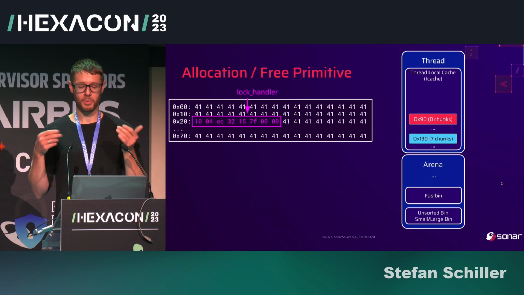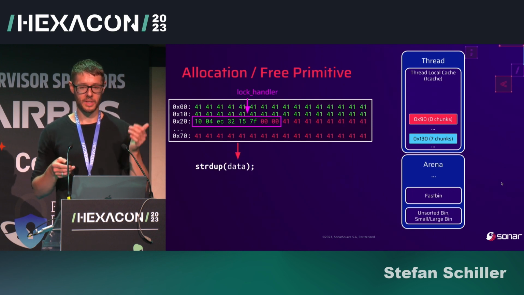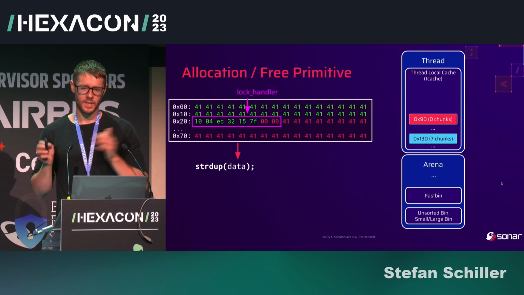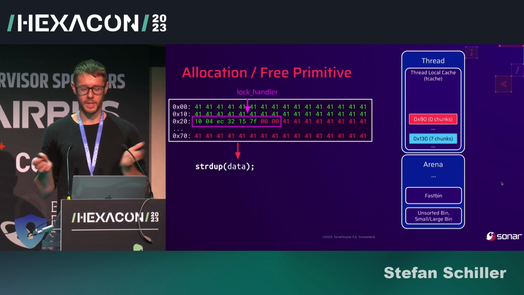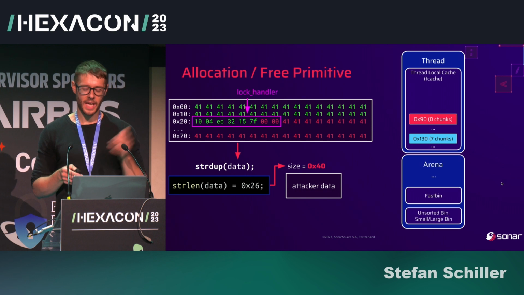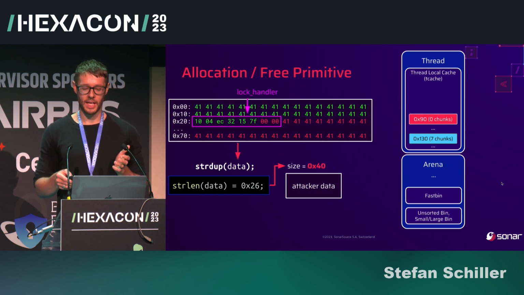If we want to populate the lock handler with an actual gadget address, though, this address contains null bytes. So strdup will only take care of the data until the first null byte. This on its own is not a problem because we only have a one-shot gadget anyways. The actual problem, though, is that the size of the allocated chunk is now far less.